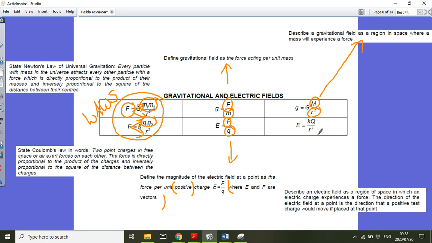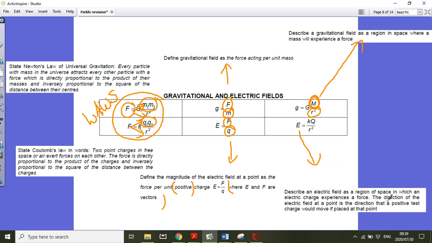So these ones are not as clear as these ones, but it can still help you, because a square means it's a region, it's an area, but you can just make sense out of it yourself. It's if this mass is creating a space around it where something else will experience a force. And for the electric field, again, it's the region where an electric charge will experience a force due to this charge.